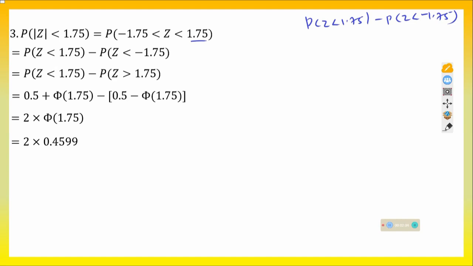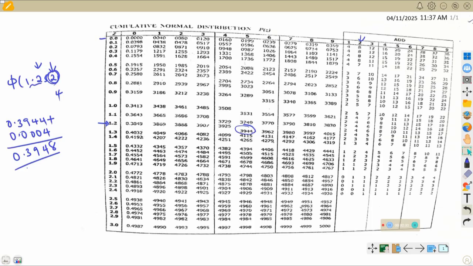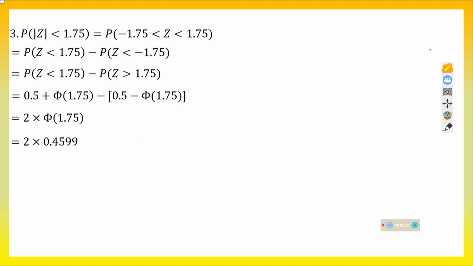If you use the calculator, your value will be 0.45994. So you have to put it to 4 decimal places, so your value will be 0.4599.